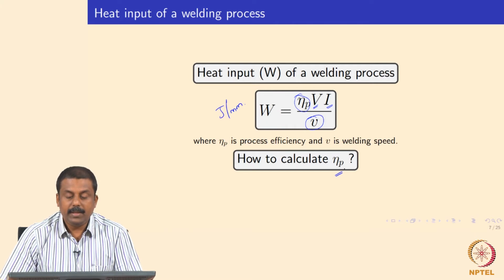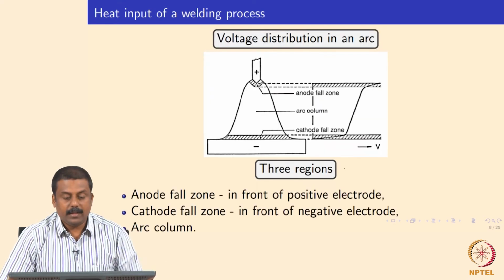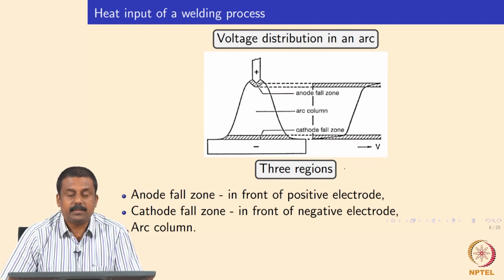Generally η can be calculated for a given composition of the filler wire and the configuration of the process. Generally η is calculated based on the polarity.